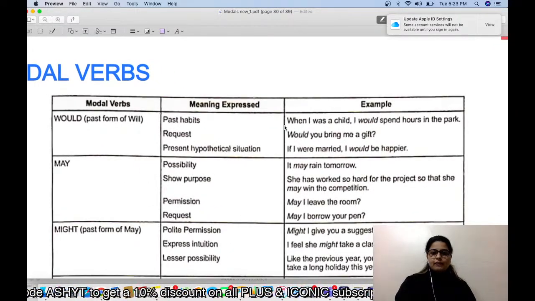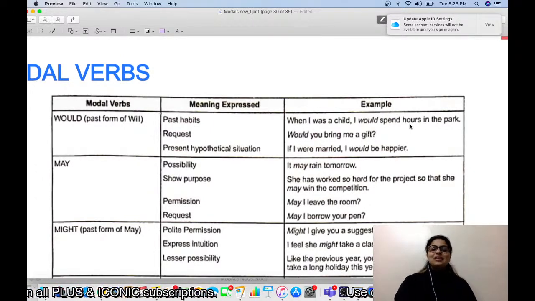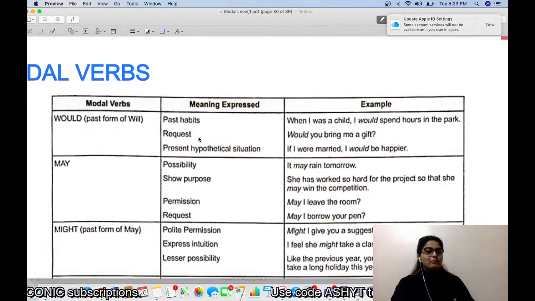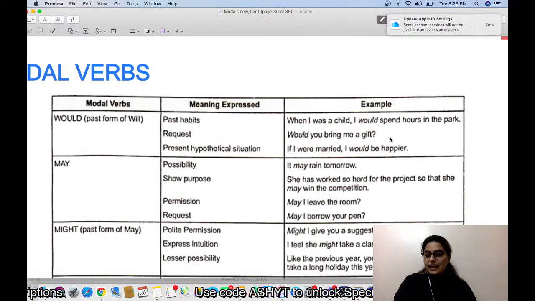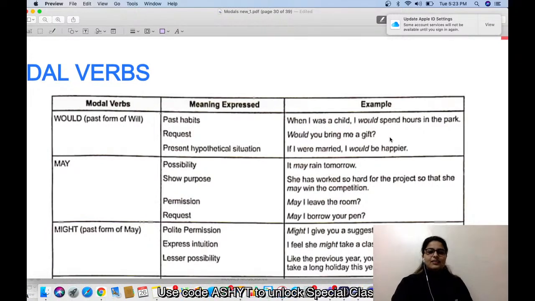Let's see some examples with the usage of would. See the screen carefully. It's about past habit. When I was a child, I would spend hours in the park. You still do. You don't study. Okay, something that you would like to ask for, maybe seeking help or seeking permissions or requesting. Like you can see, would you bring me a gift? Funny, huh? Next, something which is hypothetical.